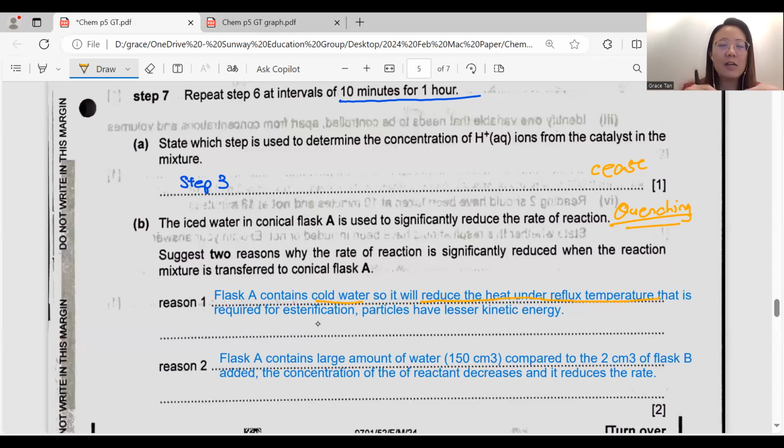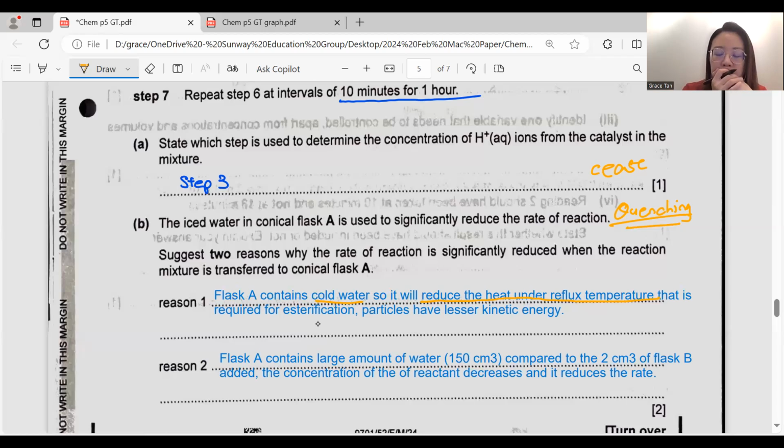Even if you forgot it requires reflux and think room temperature, putting cold water will still reduce the starting temperature that you have. Therefore, the particles have lesser kinetic energy, so the hydrolysis is stopped and the rate will also reduce.